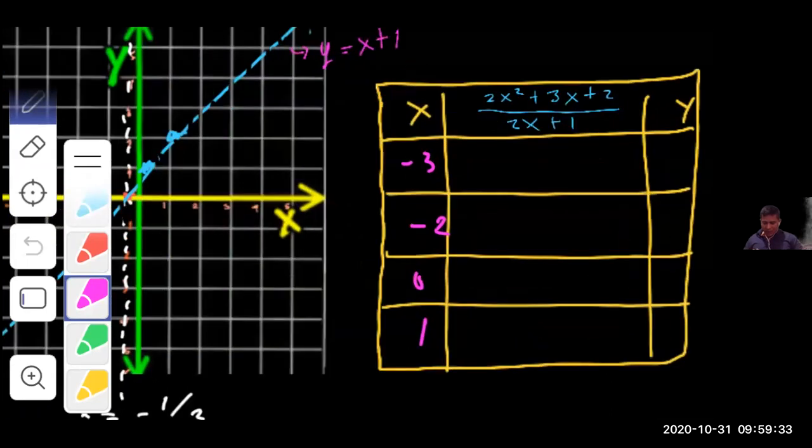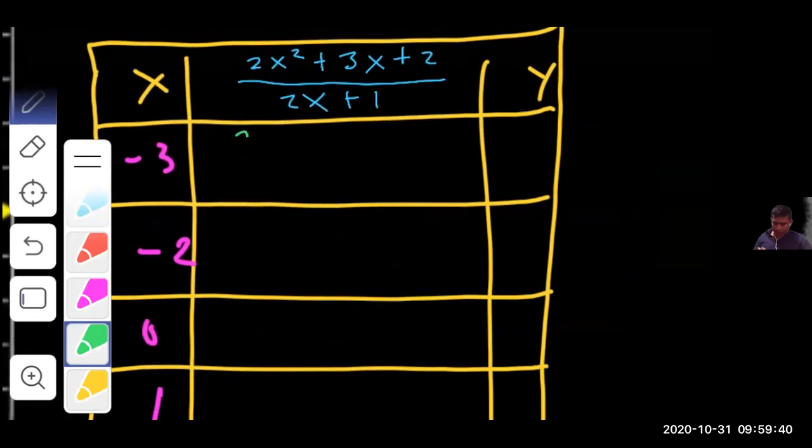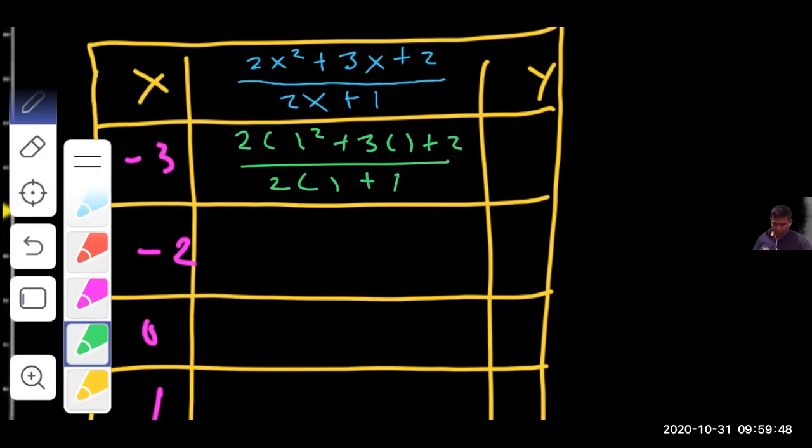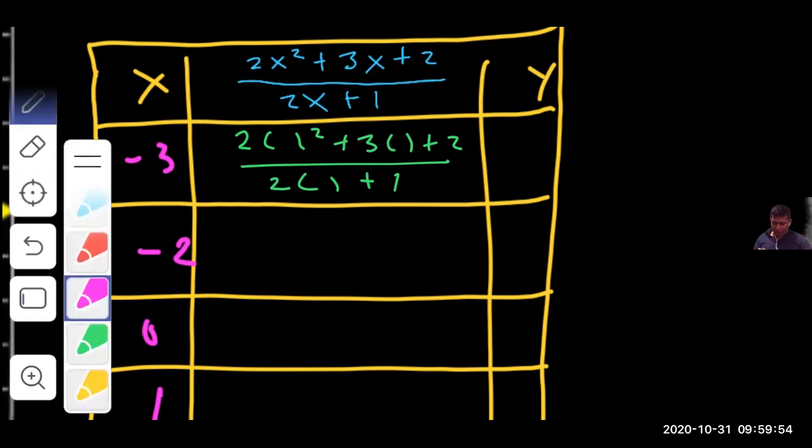Let's zoom in here and substitute this. Please use the calculator. I don't have mine. I'm going to need you to help me with that. 2 parentheses squared plus 3 parentheses plus 2, all over 2 parentheses plus 1. The value for x in this case is going to be -3. We're going to put -3 in all of these parentheses: -3, -3, and -3.